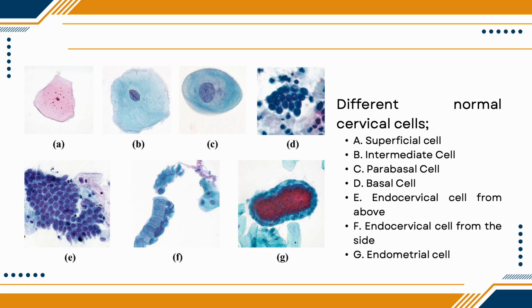So again, this is the appearance of different normal cervical cells. Ito yung superficial cell, ito yung intermediate cell, parabasal, basal cells, endocervical cell from the side, and endometrial cells. Okay? So this is just to better appreciate the cervical cells.